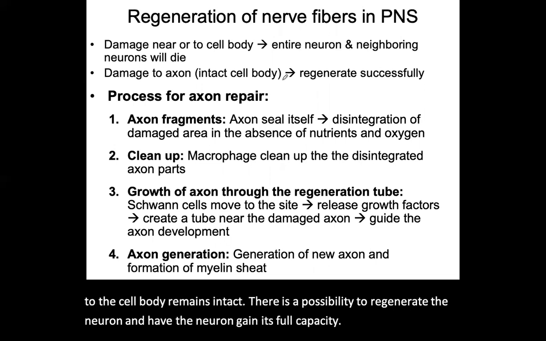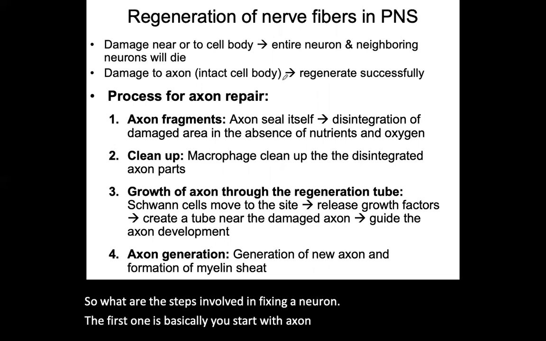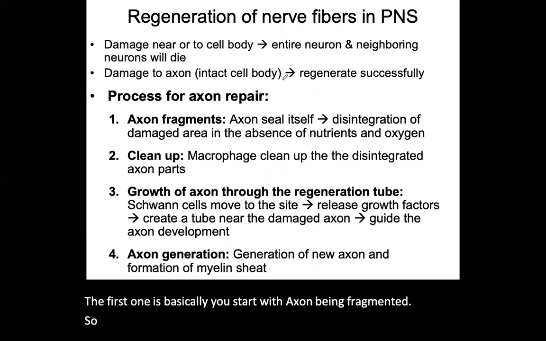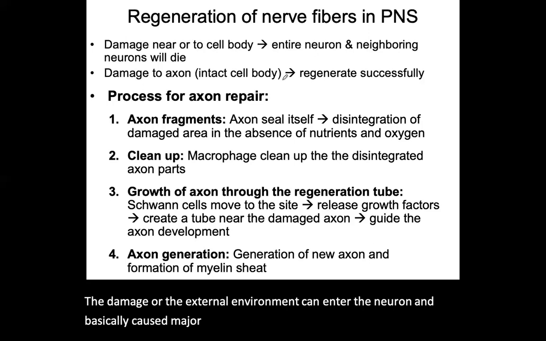So what are the steps involved in fixing a neuron? The first one is basically you start with the axon being fragmented, so the axon starts to seal itself. Again, if you don't seal your neuron, the damage or the external environment can enter the neuron and cause major imbalances in terms of ion gradients, and that itself will kill the neuron.